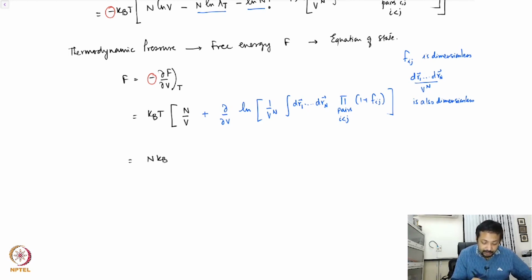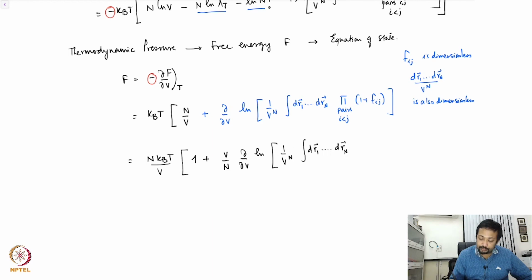Taking N kBT over V outside, this becomes V over N del del V of ln of 1 over V to the power n integral dr1 all the way up to drn, product over pairs i less than j of 1 plus fij, and then we close the bracket.